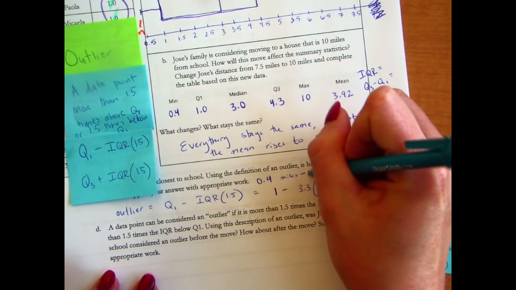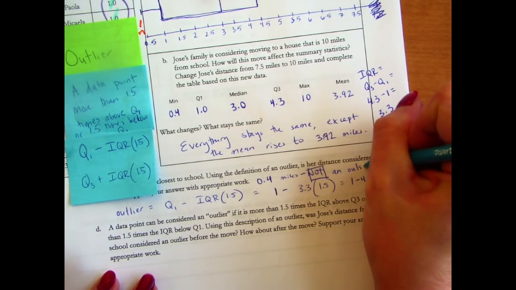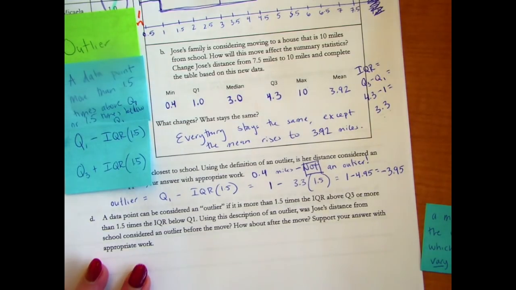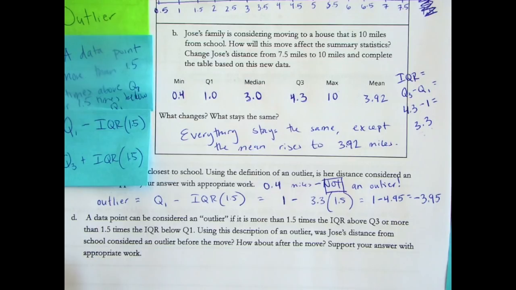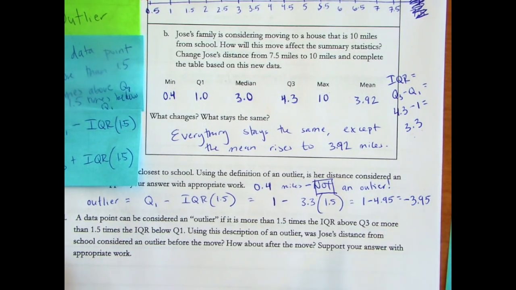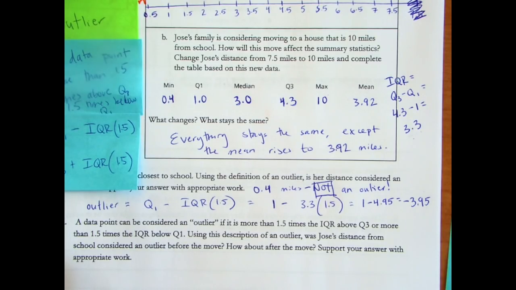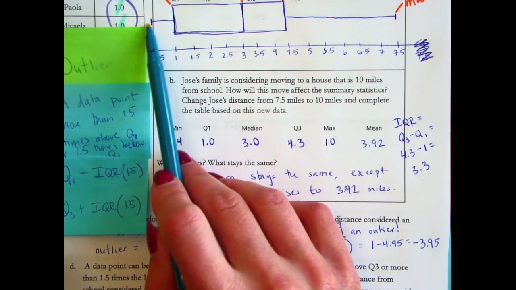Now, thinking about Jose, the maximum value, thinking about if he's an outlier to the right. Was Jose's distance from school considered an outlier before the move? Before the move, he lived 7.5 miles away. How about after the move? After the move, he lived 10 miles away. So let's see what the point is to define an outlier to the right.